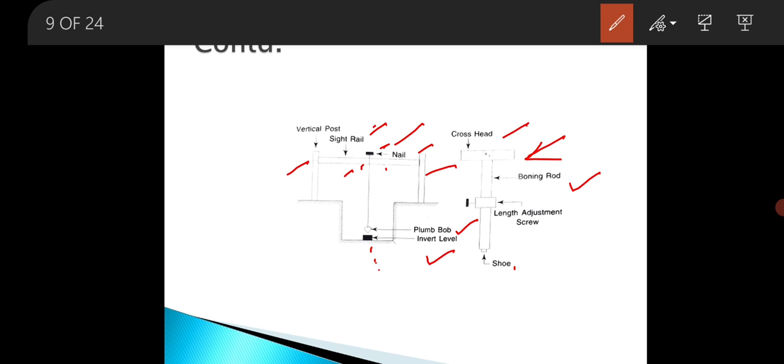So the bottom portion of the boning rod, at the level of the invert, indicates the invert level.